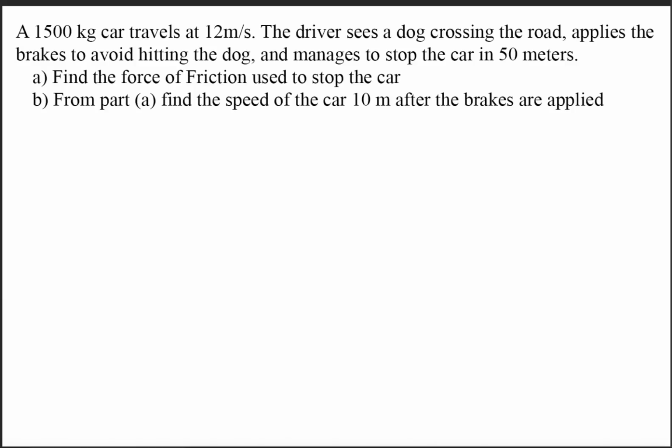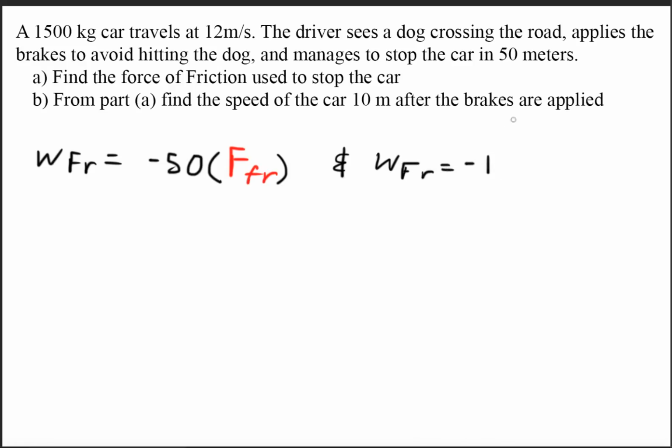So I'm going to write that again over here. So we said the work done by friction is equal to a negative 50 times the force of friction, and the work done by friction is also equal to negative 108,000 joules.